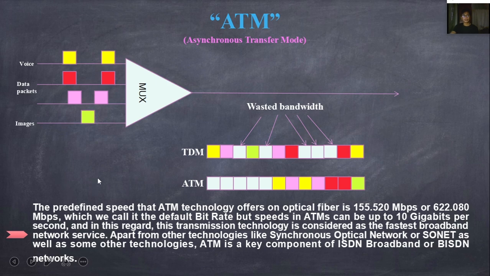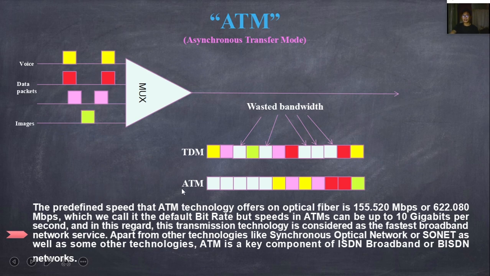Then the predefined speed that ATM technology offers on optical fiber is 155.520 Mbps or 622.080 Mbps, which we call the default bitrate, but speeds in ATM can be up to 10 gigabits per second, which is much higher.